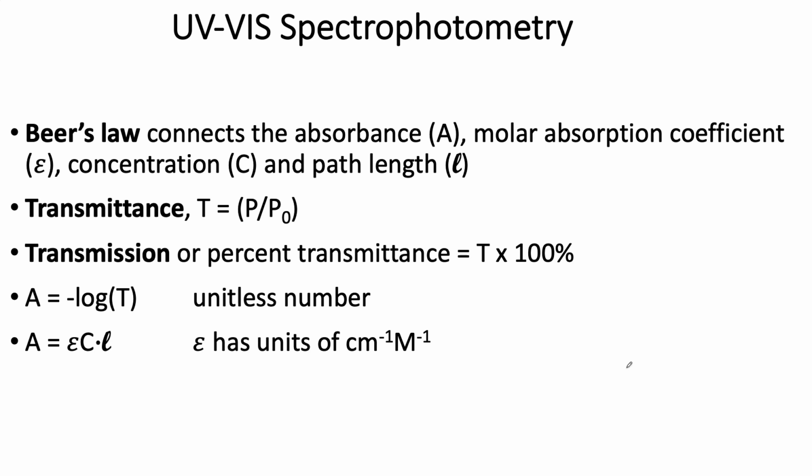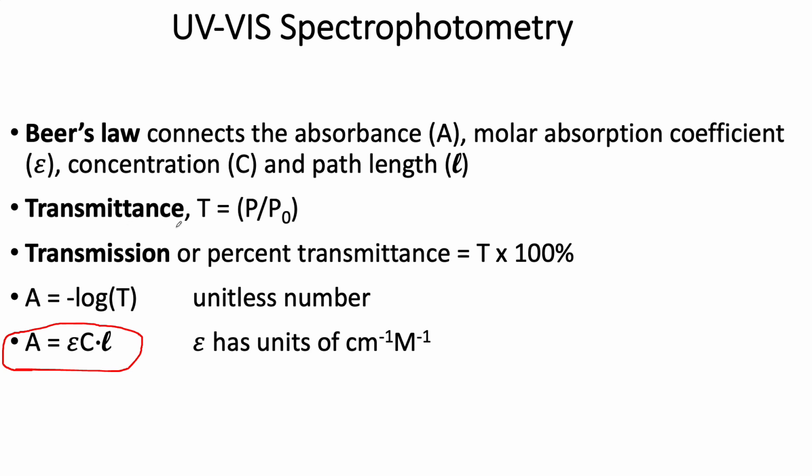And so this absorption, which you've learned a lot about before in other classes, follows Beer's law. Right? And Beer's law is this one here. It says that the absorbance, what's the absorbance? Well, you take the transmittance, and this is different than the transmission.